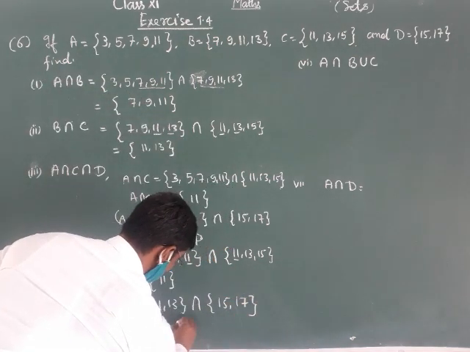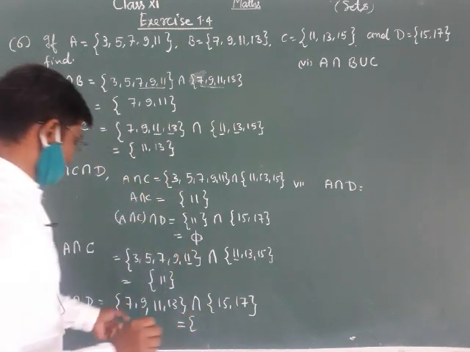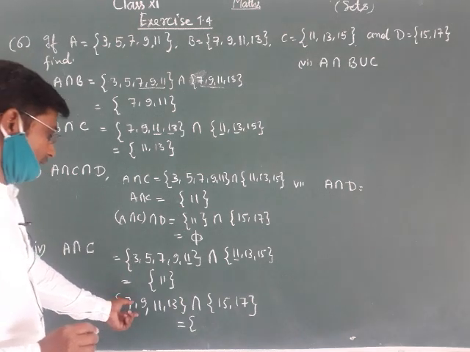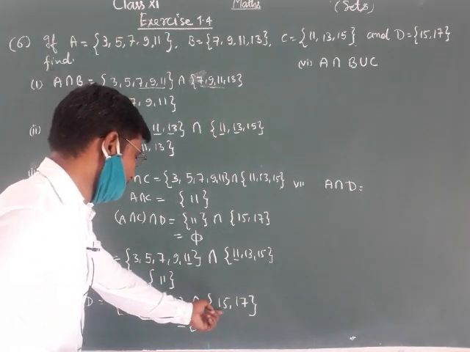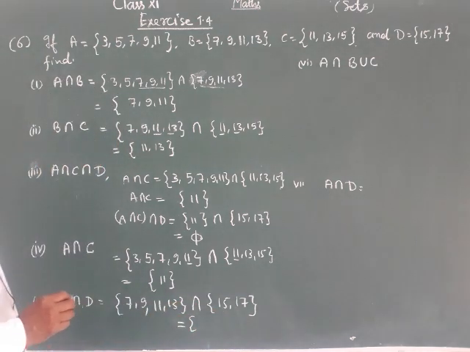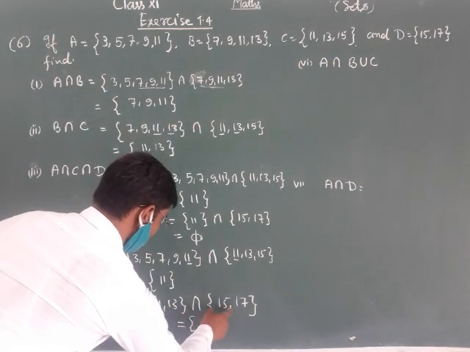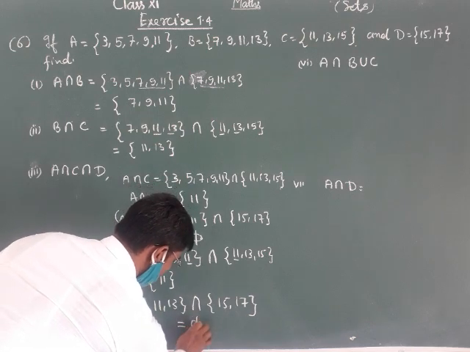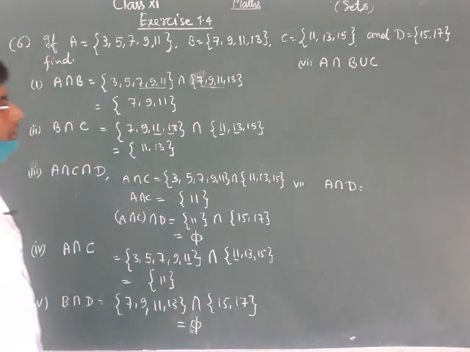Only common elements are taken. There is no common element in both sets, so this is phi, the null set, the empty set.